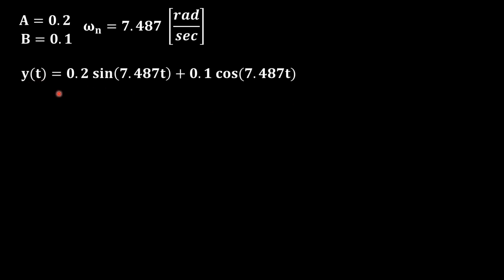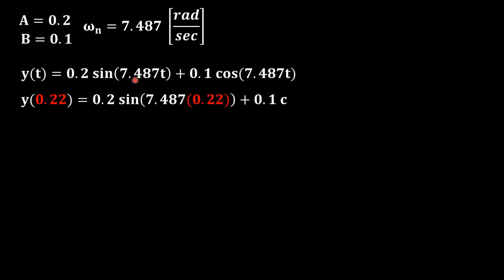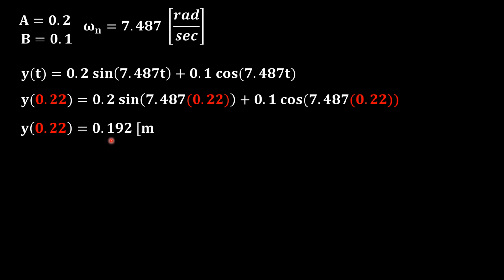Now in the problem, they told us we want to know the position of the block at time 0.22. Simple. So now let's plug 0.22 into this equation and use our calculator to find the value. So the value will be 0.192 meter right here.